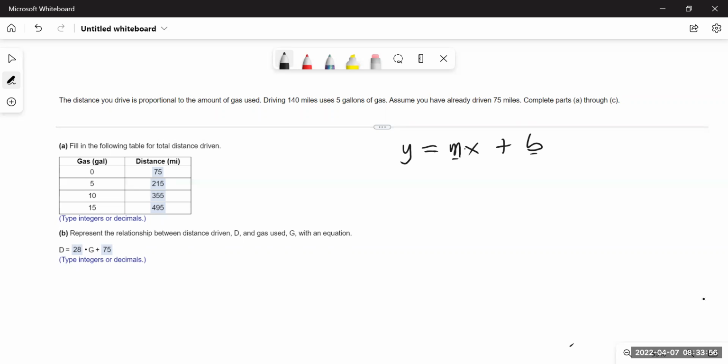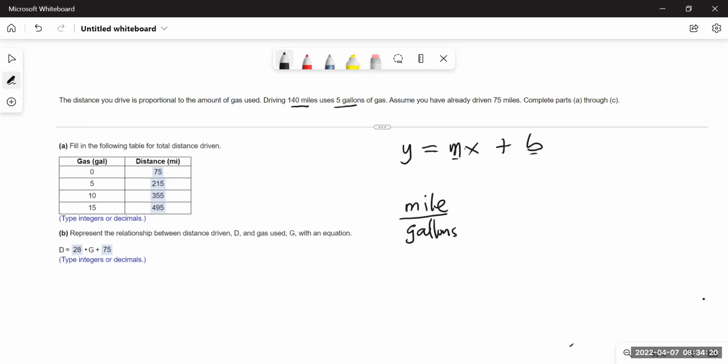Now, what is our slope or our rate of change? Driving 140 miles uses 5 gallons of gas, right? So basically we have the miles over the gallons. We have to find the miles per gallon. That will be our rate of change.